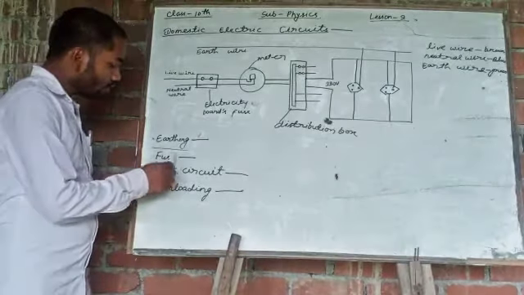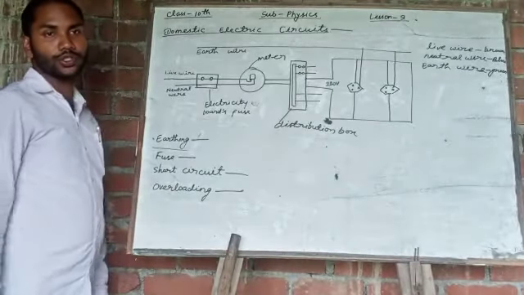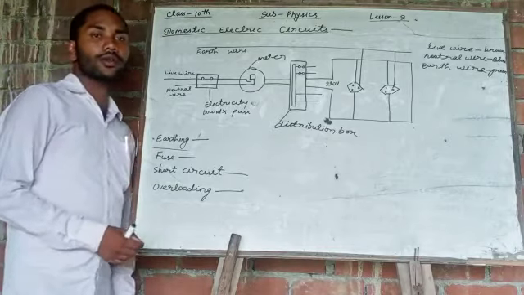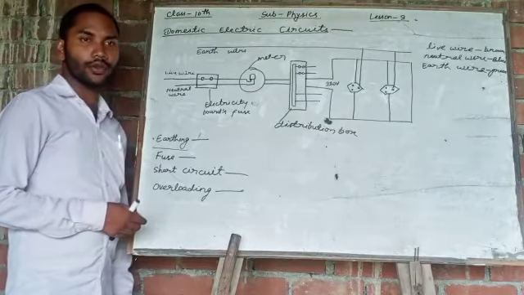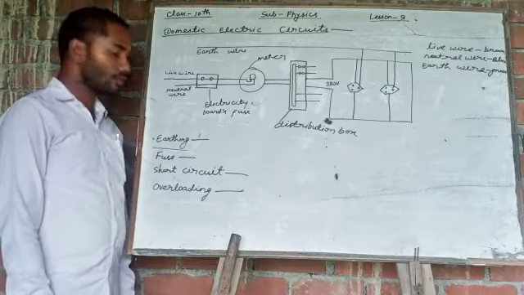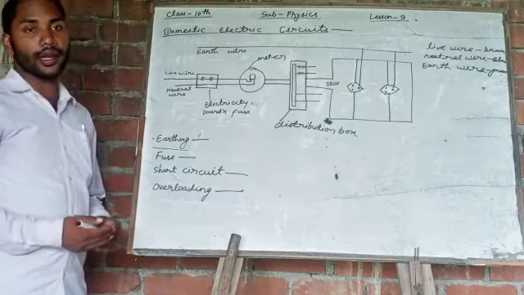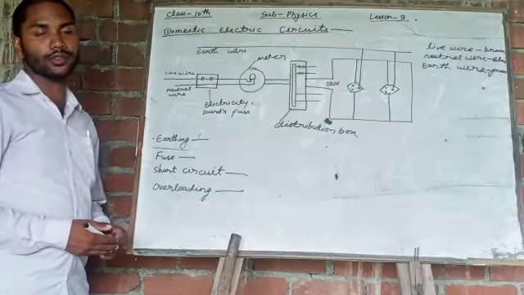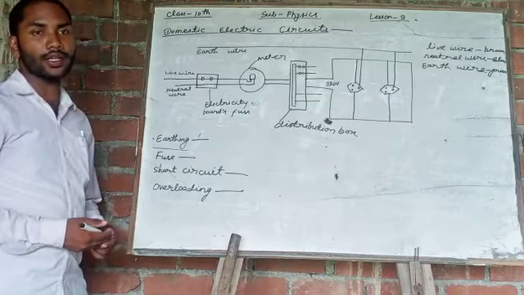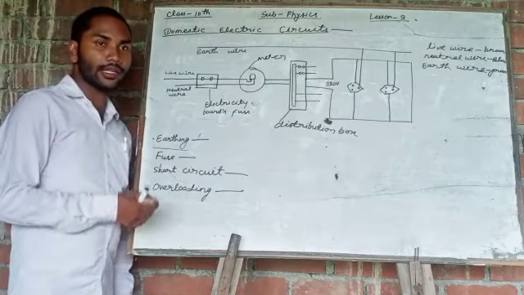And after that, the fuse is made up of a material which has a very low melting point. When the current in the circuit increases, the temperature of the fuse material will increase and it will melt.